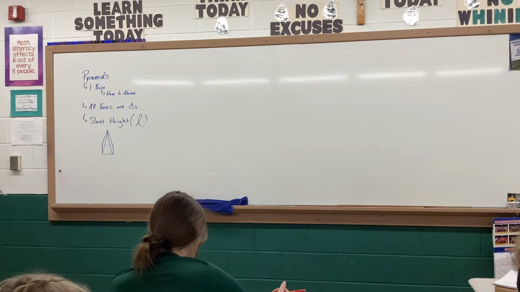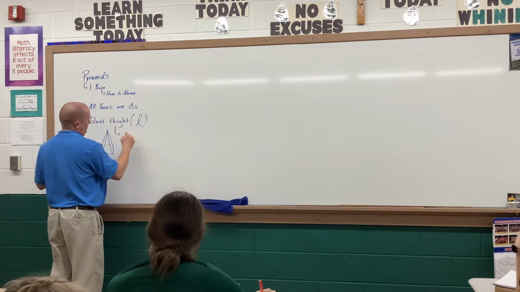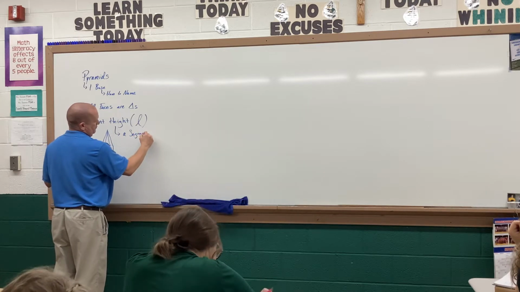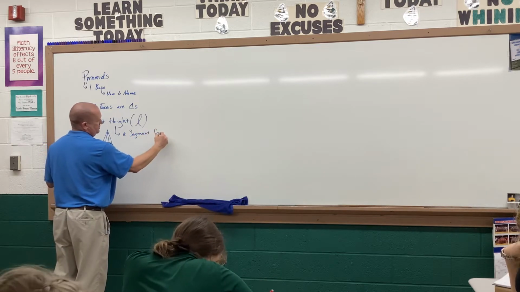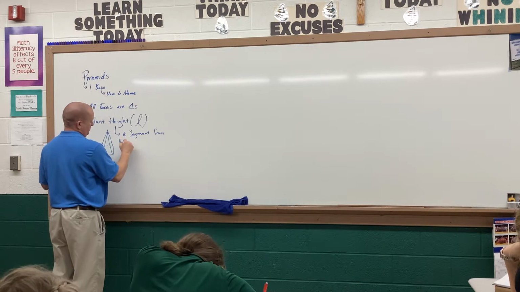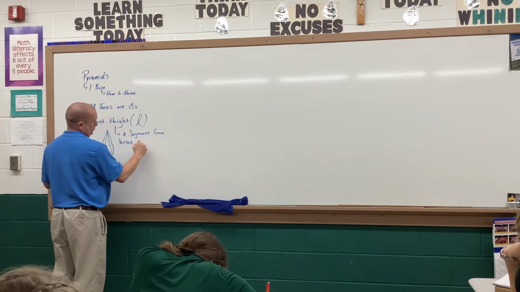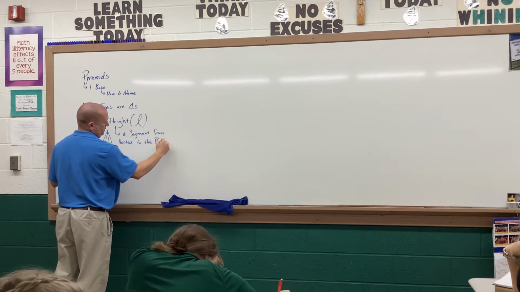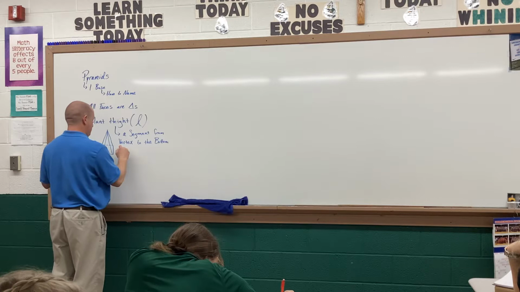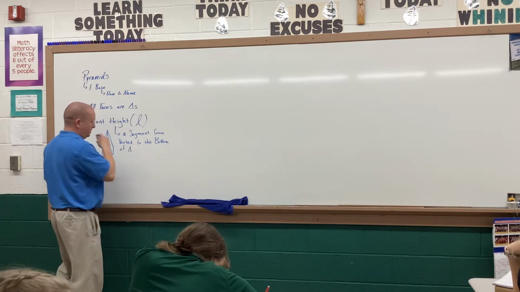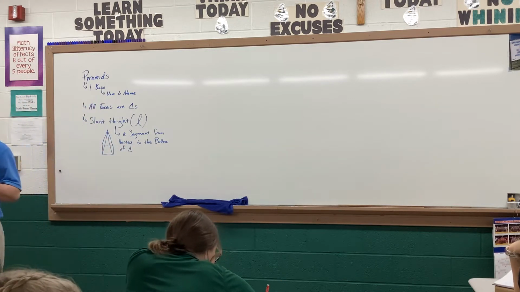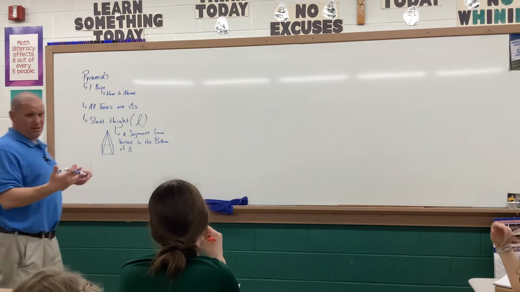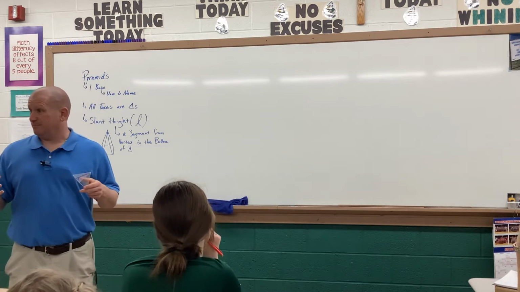But basically, a slant height, if you really wanted it, is a segment from the vertex to the bottom of the triangle. And if we're talking about a regular pyramid again, or a right pyramid, what does that mean to you?